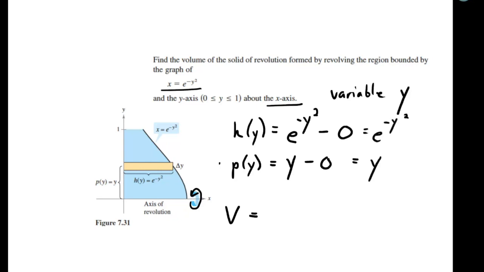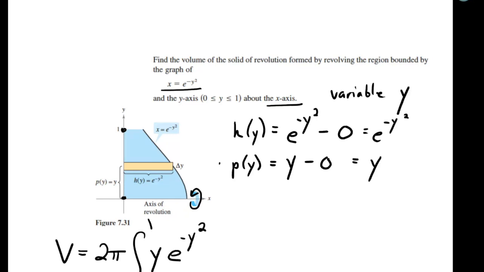And then our volume should end up being two pi. We're now in y, so we want to go from 0 up to 1. P is y, h is e to the negative y squared, and we have dy.